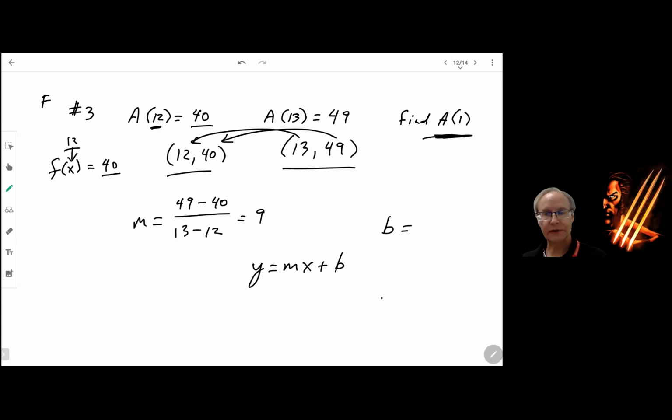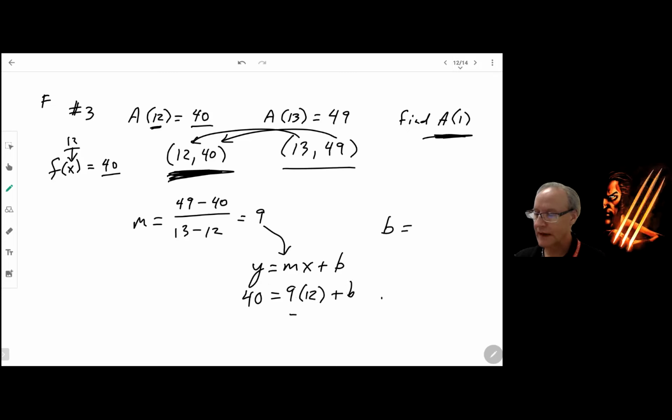I know a lot of people are going to say, well, wait a minute, this is a sequence problem. Sequence problems are really just a special case of functions, which is also a special case of equations, y equals mx plus b. So I'm going to substitute it in. I'm going to choose the first point, 12, 40. So 40 equals, M is 9, my x is 12, plus b.